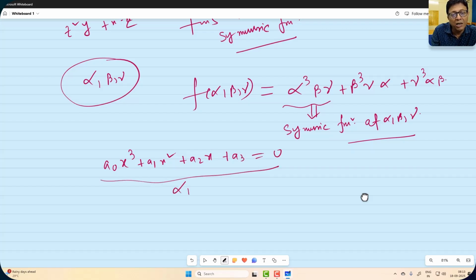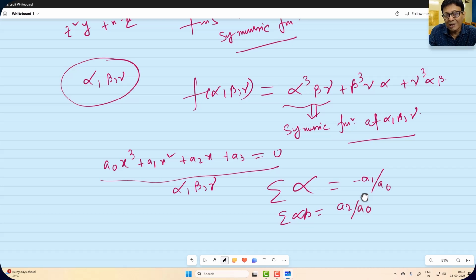Its roots are alpha, beta, gamma. How to write sigma alpha here? As you have seen before, it is minus a1 by a0. Sigma alpha beta is what? a2 by a0. Sigma alpha beta gamma we need not write separately because it is three roots only. This will be minus a3 by a0.